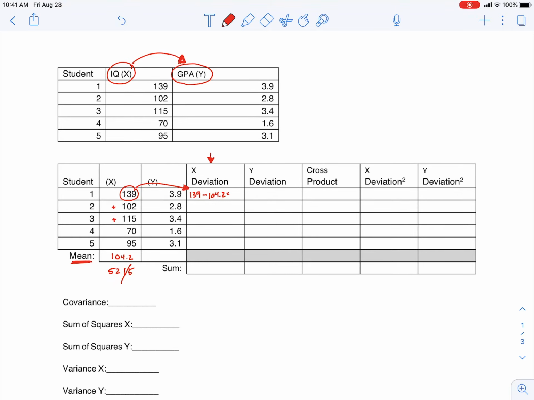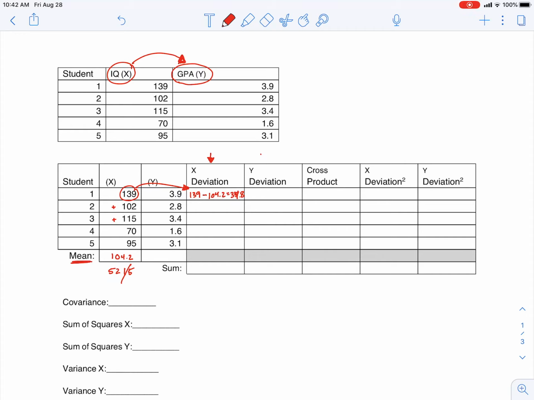And that should give us then the deviation. So in this case, again, as long as I did my math right, we should get 34.8. So 104.2 plus 34.8 will give us the 139. So that's how you do your first x deviation.